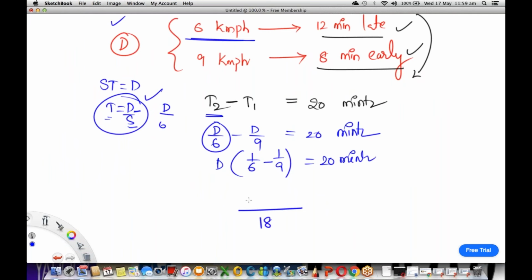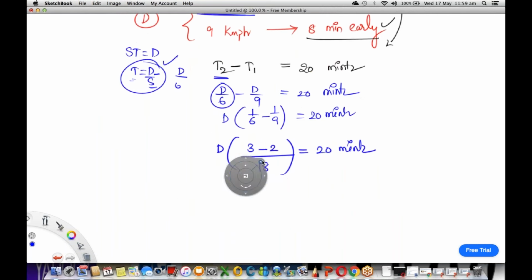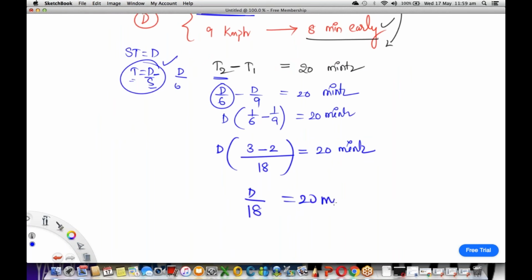Taking LCM as 18, 6 3s are 18, 9 2s are 18. So this is 3 minus 2, which is nothing but d by 18, equal to 20 minutes. And simply I can say the d value will be equal to 20 minutes into 18.